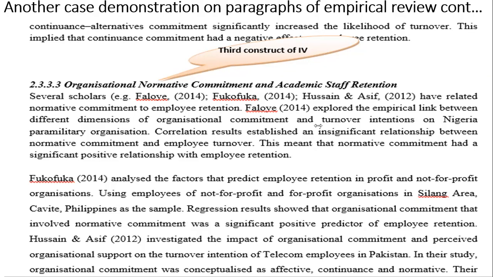It still depends on availability. If recent literature is available, we prefer it to the old literature. And recent may be within 5 years.